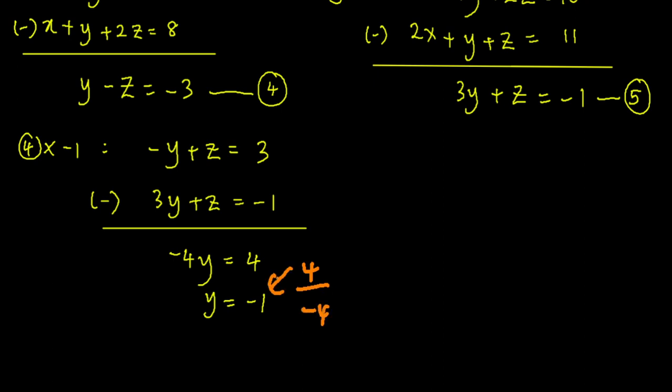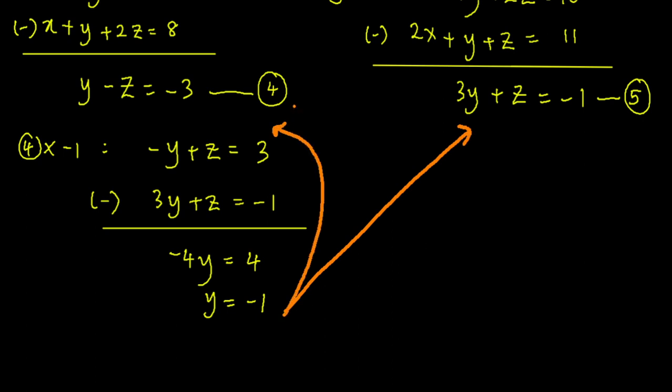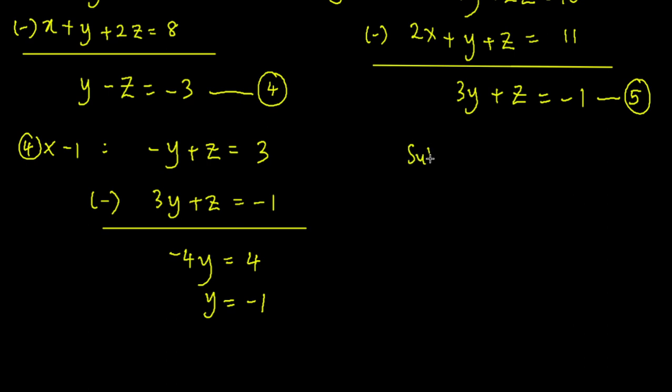Right? Okay, so once you got your y, what do you do? You can substitute this y into equation number 5 or equation number 4. From there, you will get your z. So I will sub this y negative 1 into equation number 5. You also can choose number 4, no worries. So I will just sub y equals negative 1 into 5.